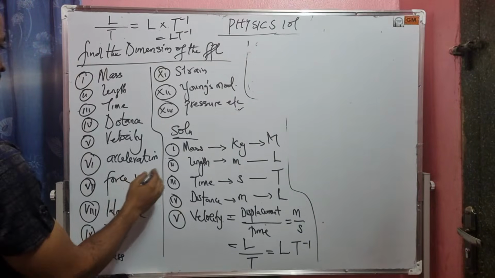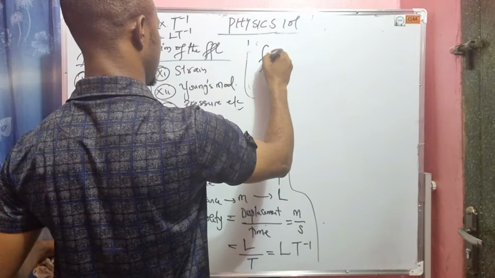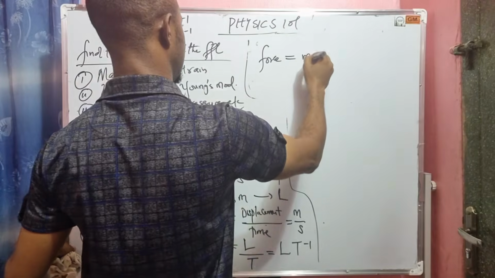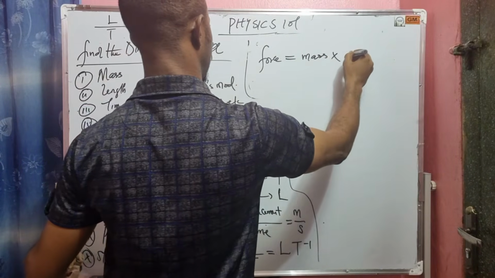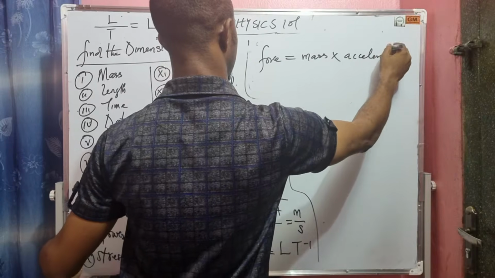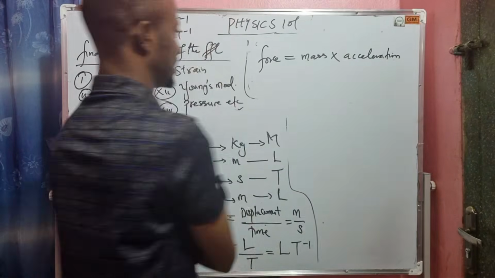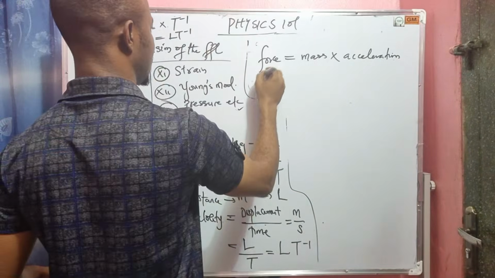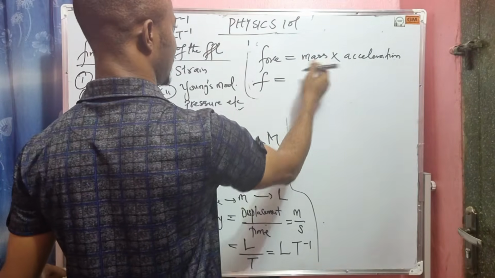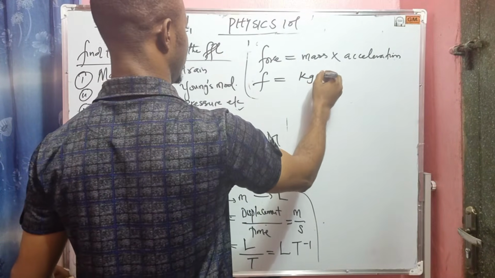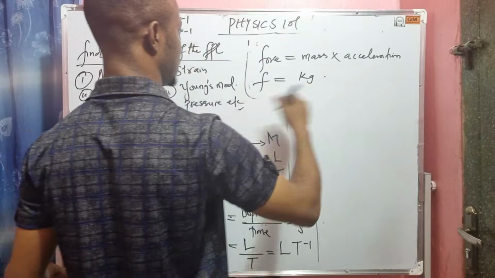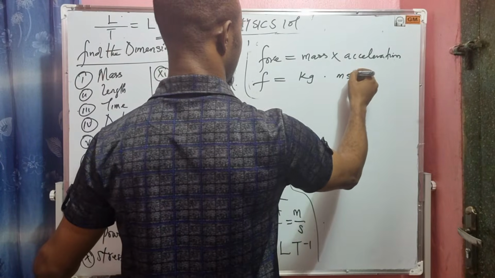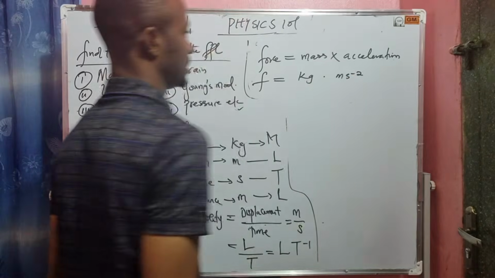The next is force, right? Force is mass times acceleration. So that means for the dimension of force, mass is in kilogram. Don't forget, acceleration is in meter per second squared, right?